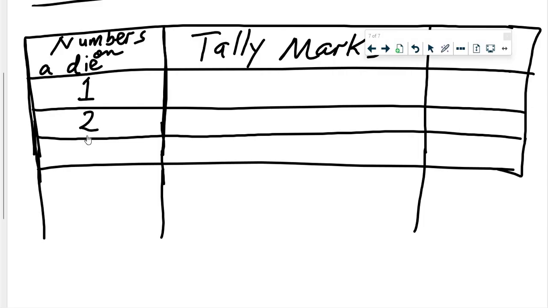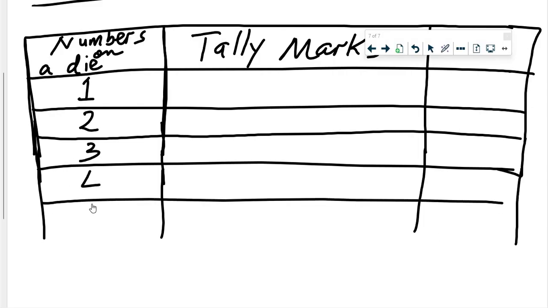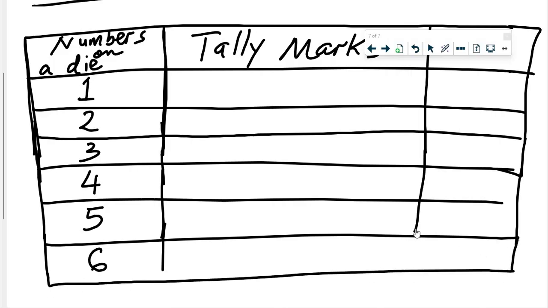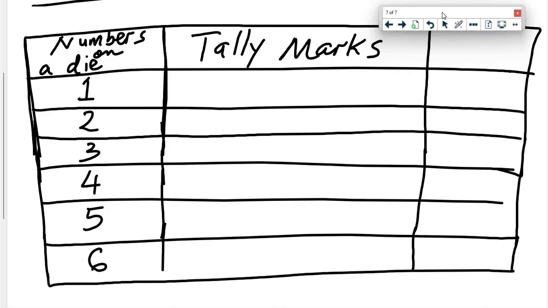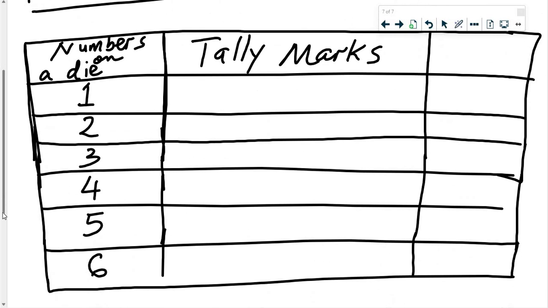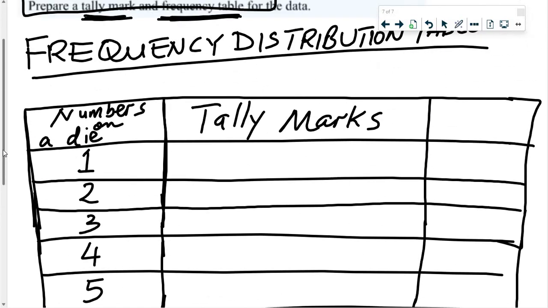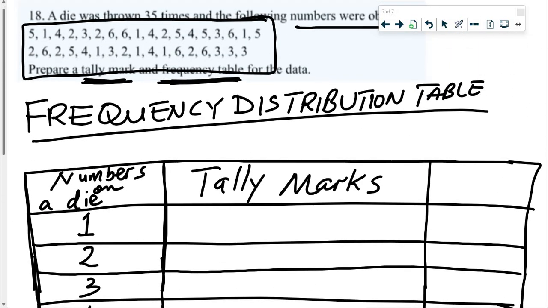So you have 1, 2, 3, 4, 5, and lastly 6. Now, after setting up this table, the numbers are arranged starting from the smallest number to the largest number. Now we start with the tally.